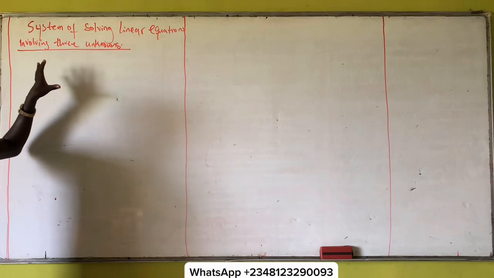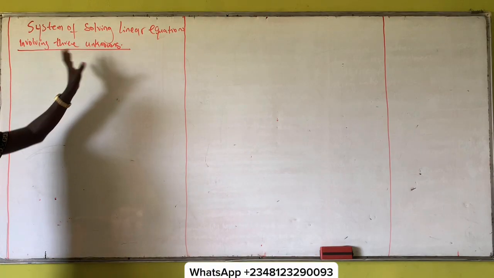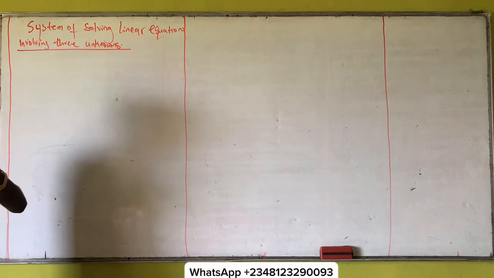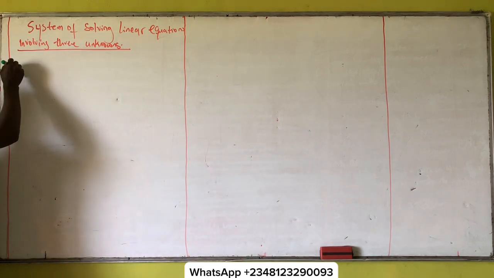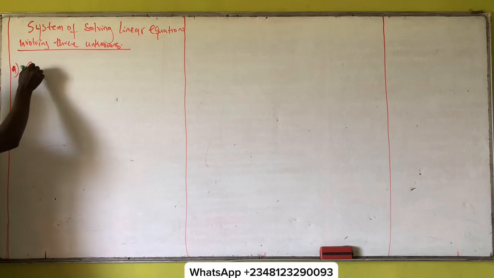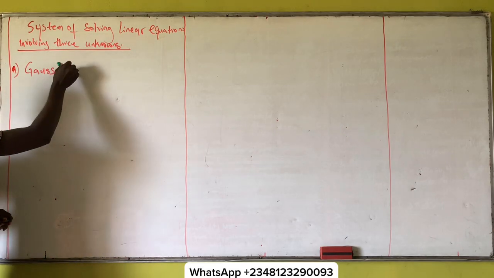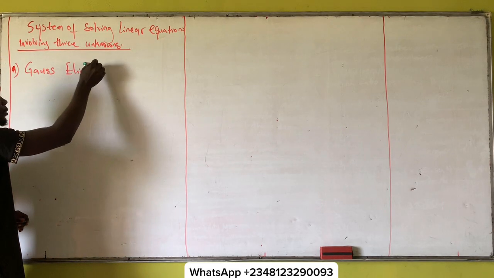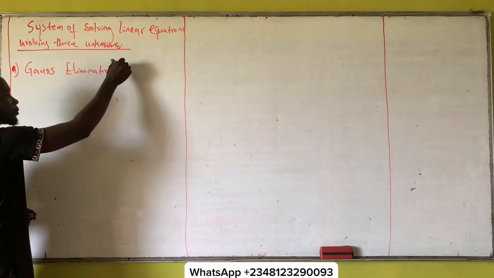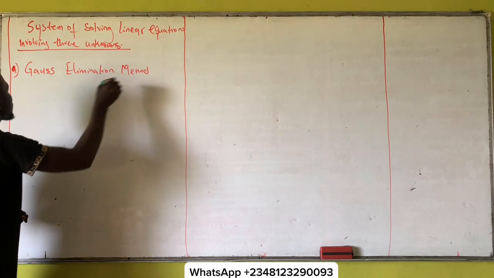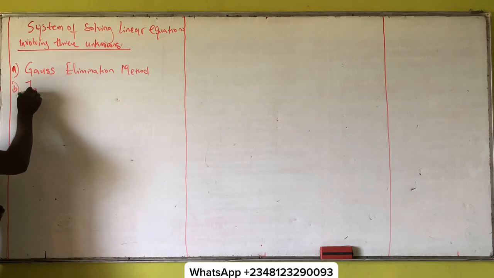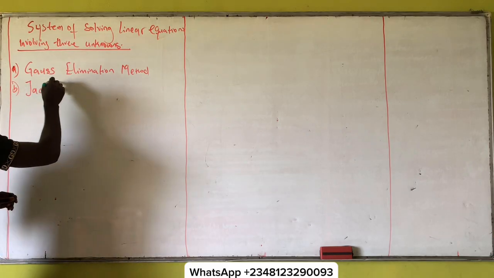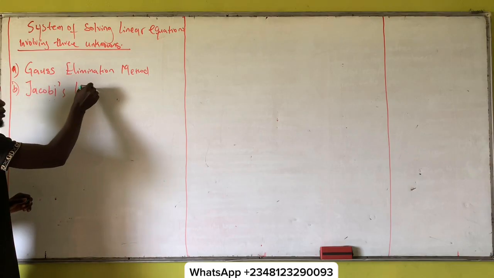Now, when solving simultaneous linear equations that have three unknowns, there are several methods. Method 1 is the Gauss elimination method. Then we have the Jacobi integration method.